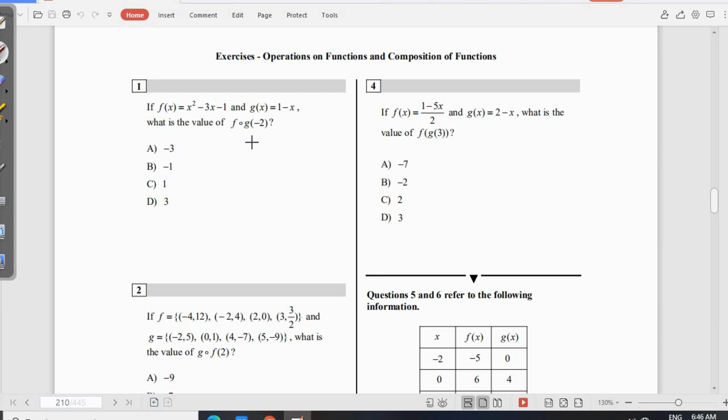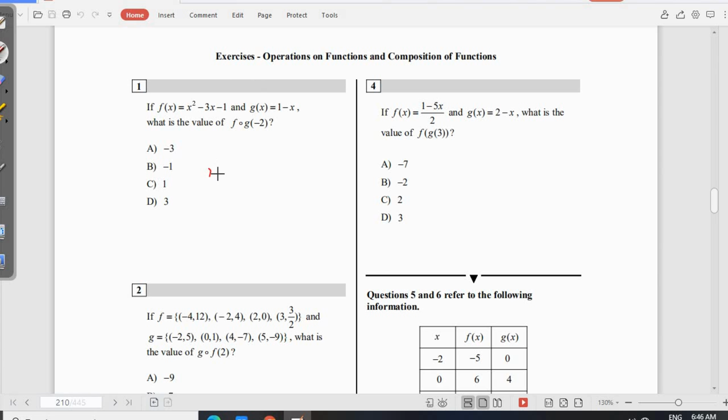So you see, all you need to do is g of minus 2. See, once f of g, you could easily put this 1 minus x as x here, and then drop minus 2 as that. Let's try that.